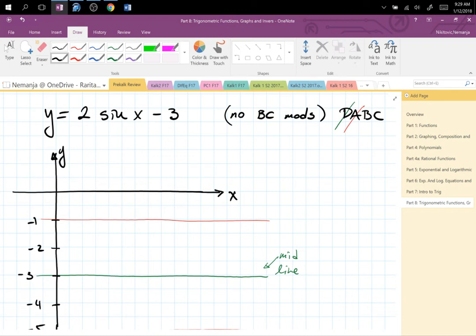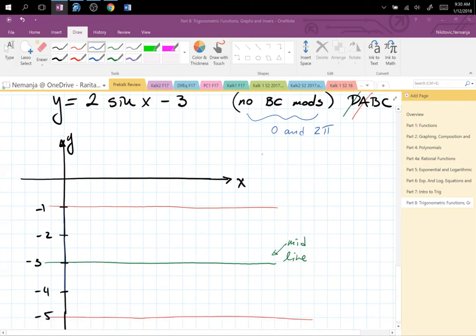Default values means that it goes from 0 to 2 pi. If I change B, it's going to either squish it or stretch it. And if I change C, it's going to shift left and right. None of those are changed in our case, so my blue sides are going to be standard 0 and 2 pi. So BC, since there are no mods, are going to be 0 and 2 pi.